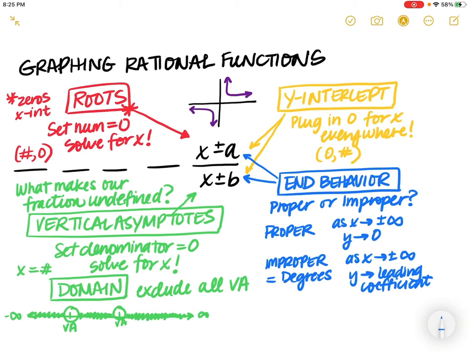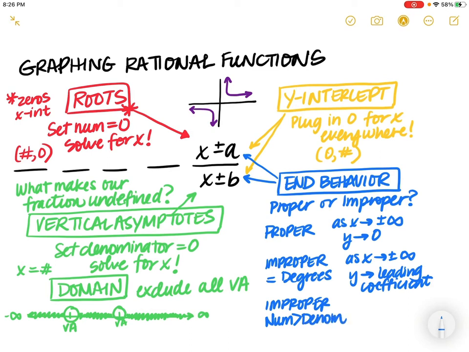Well, keep that idea of division. What happens if it's improper, with a greater degree in the numerator, where the numerator is greater than the denominator?